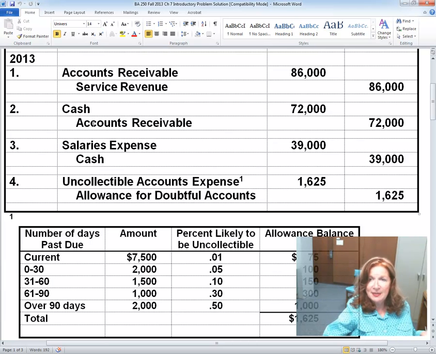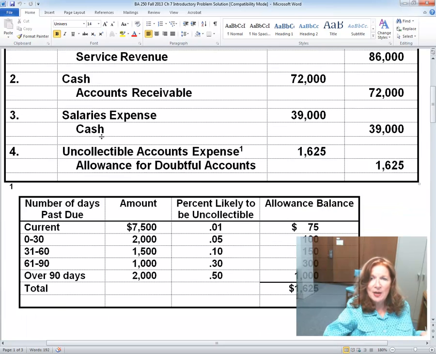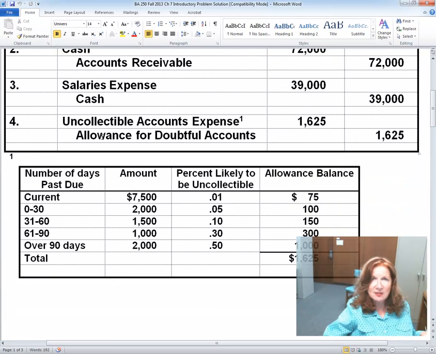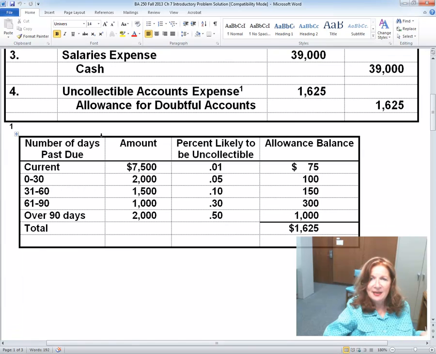So we're going to be debiting cash and crediting receivables for $72,000 for the amount that we collected from our customers. And then we're going to pay our salaries, so we're going to debit salary expense and credit cash for $39,000 for the amount of the salaries.